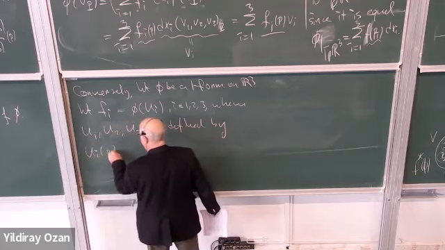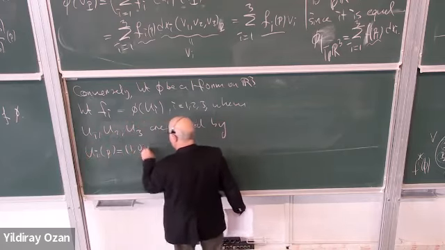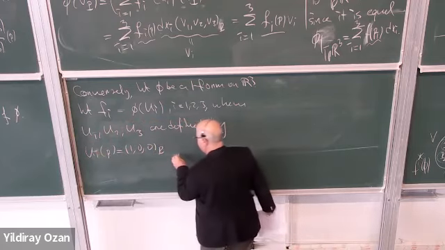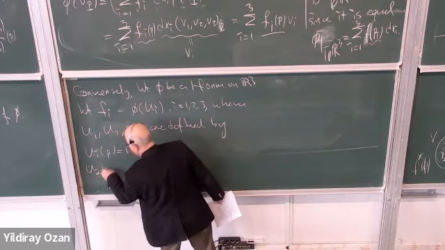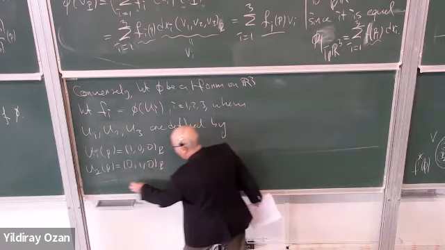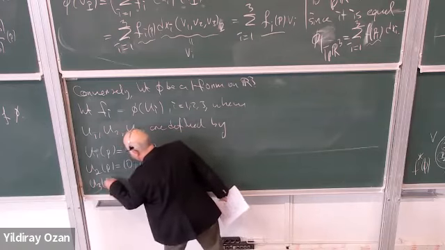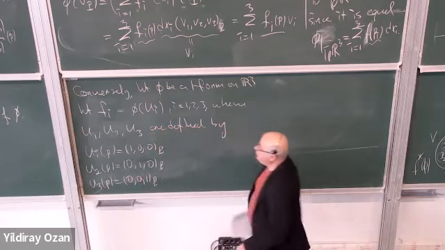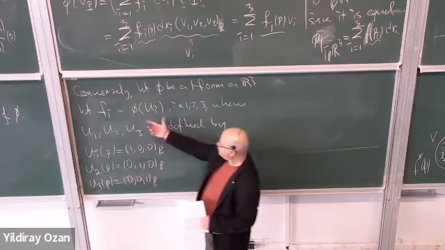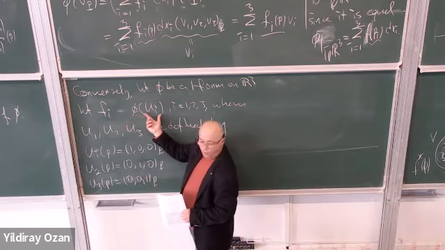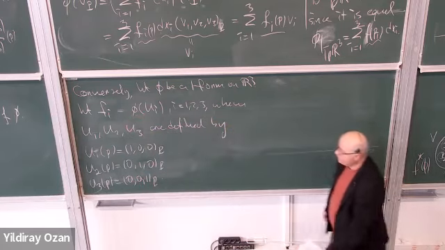So at any point P, this is just 1, 0, 0 at P. Sorry, U1 is this. U2 is 0, 1, 0 at P, and U3 at P is 0, 0, 1 at P. And my functions are just defined as the values of my one form on those vector fields.